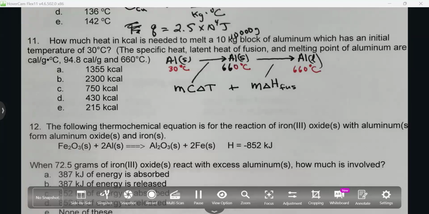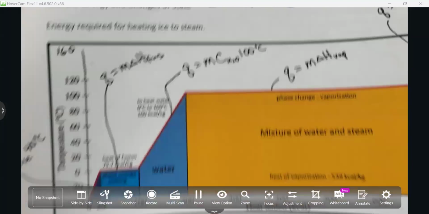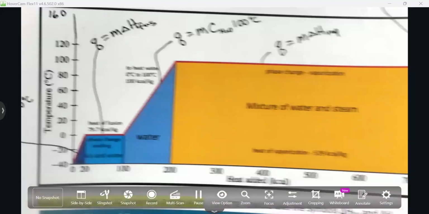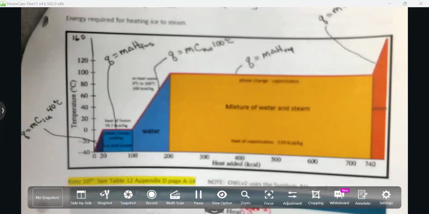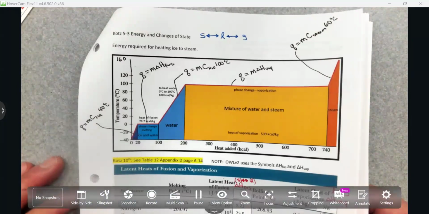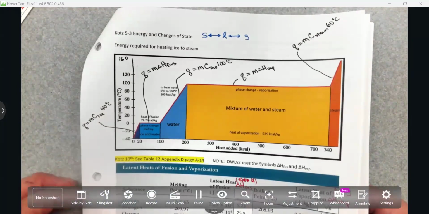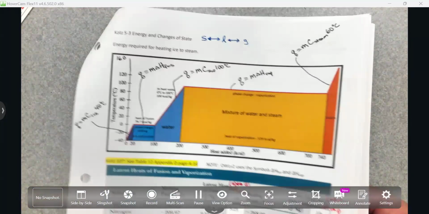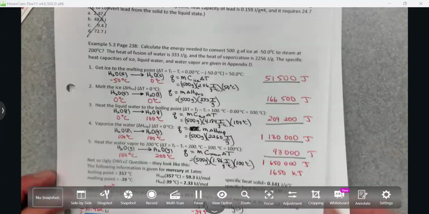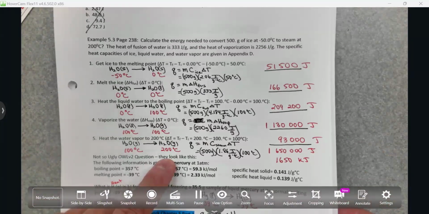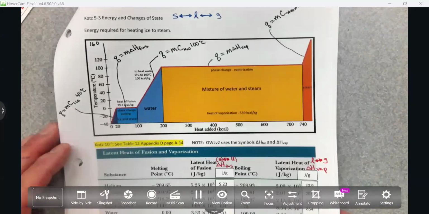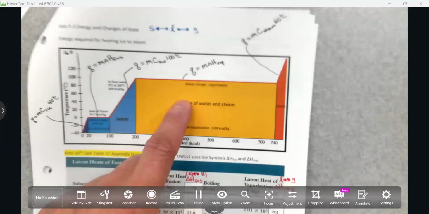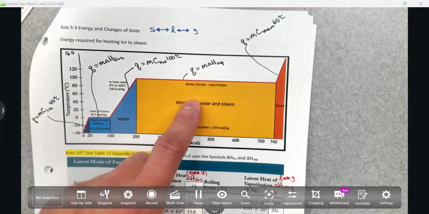Okay, last time we did this calculation here, where we took ice at -50, I believe. We did this big calculation here, ice at -50 up to vapor at 200. What is the biggest amount of heat involved? Boiling away the water.